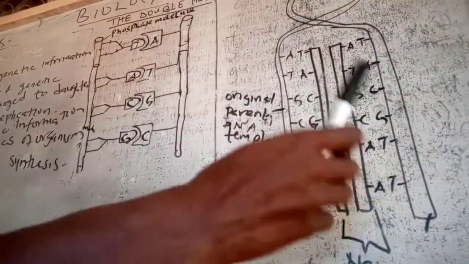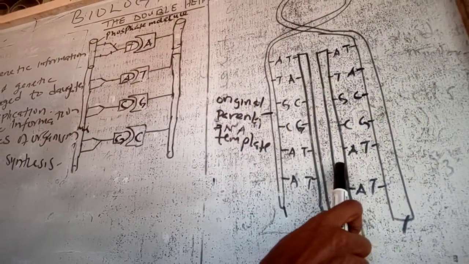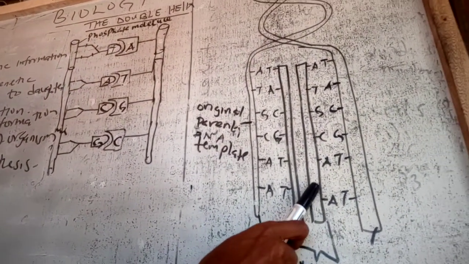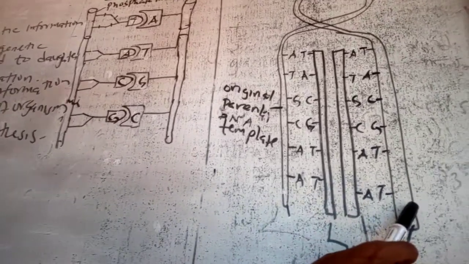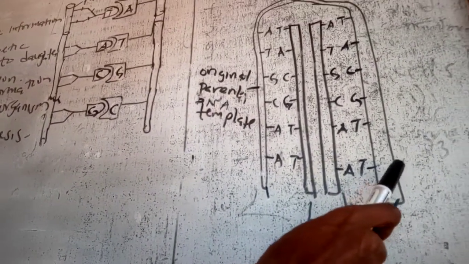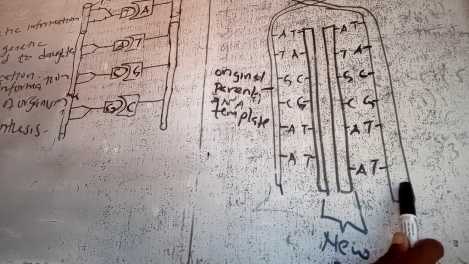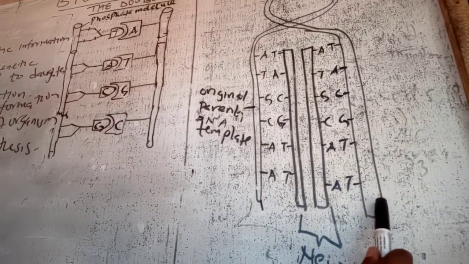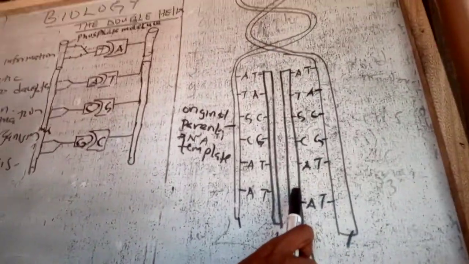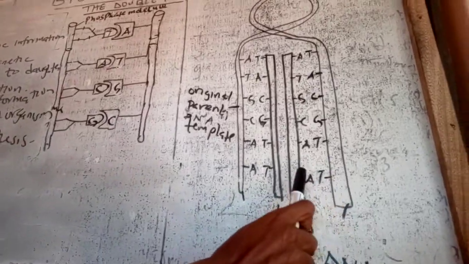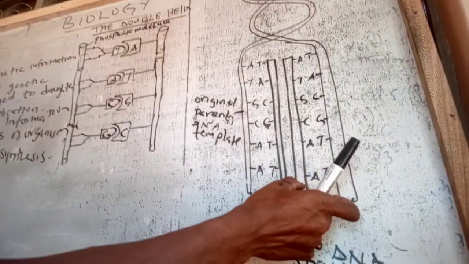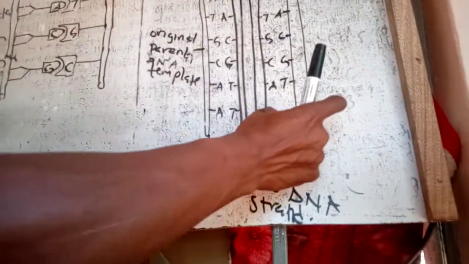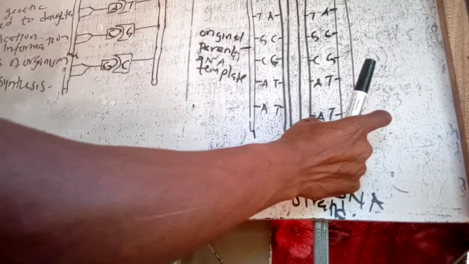Likewise, the other DNA strand, this one, will coil or zip up with this parent DNA template. They will also link, or coil together, to form the new double helix molecule.